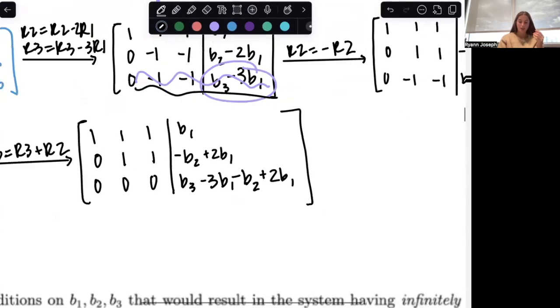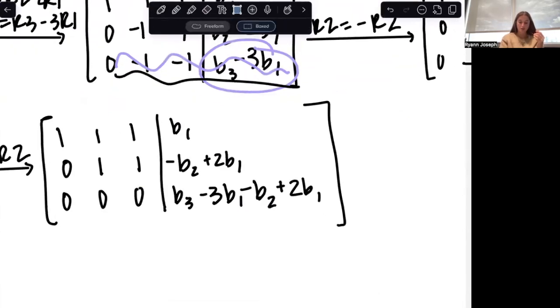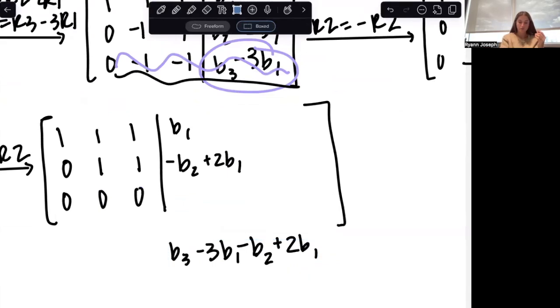So I can take this, and this simplifies to B3, negative 3B1 plus 2B1 is negative B1, negative B2. I just rewrote this.